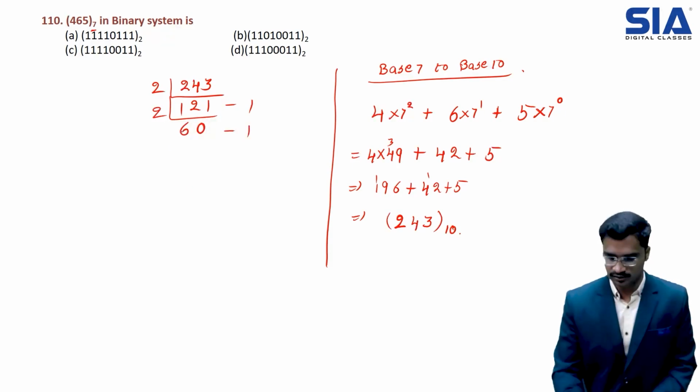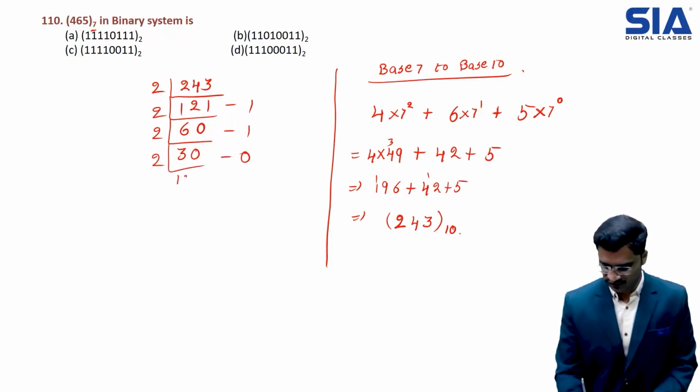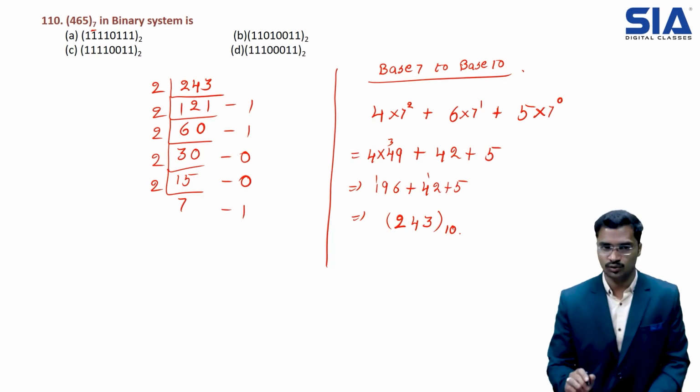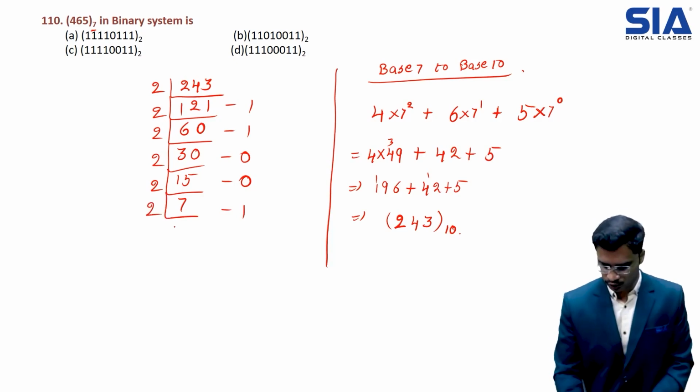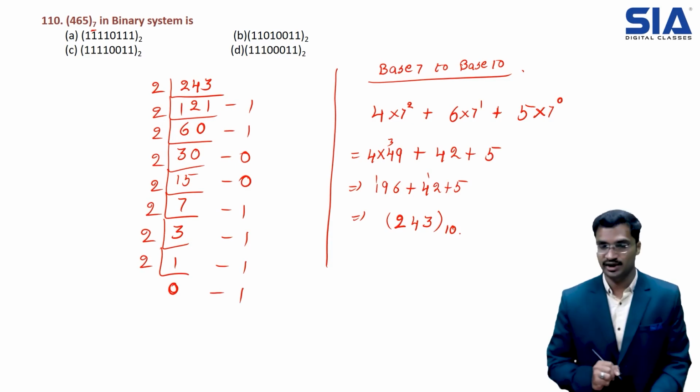Then remainder is 1. In the same way, 2 30s, remainder here is 0. Then 2 15s, remainder here is 0. And 2 7s, remainder here is 1. And 2 3s, remainder here is 1. And 2 1s, remainder here is 1. And 2 0s, remainder here is 1.